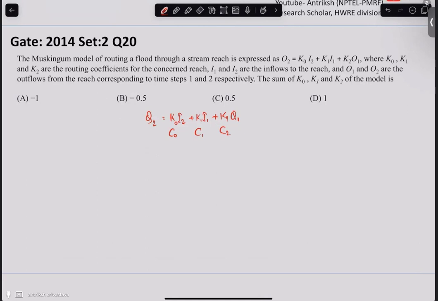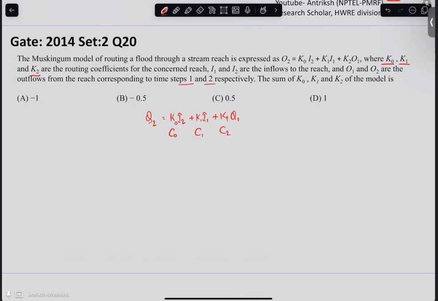Don't get confused, these are the same things. Where K naught, K1 and K2 are the routing coefficients for the concerned reach, I1 and I2 are the inflow to the reach, and O1 and O2 or Q1 and Q2 are the outflows from the reach corresponding to the time step 1 and 2 respectively.